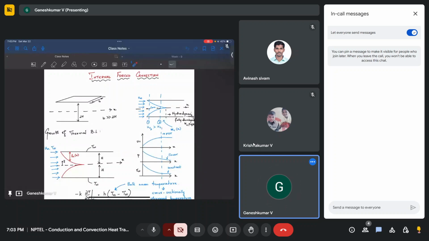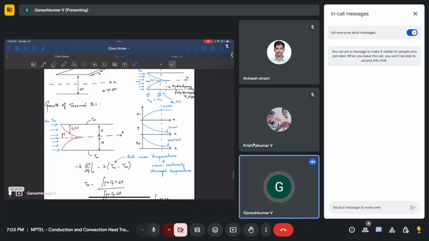It's a uniform profile, and when it sees the pipe edge, it has to have a no-slip boundary condition, and because of that there will be a profile development. A boundary layer will develop on both sides. Here it's a 2D parallel plate, so at the top and bottom plates you will have boundary layer development, and at one point they are going to merge. After that you will have a hydrodynamically fully developed flow. So that is what we realized.